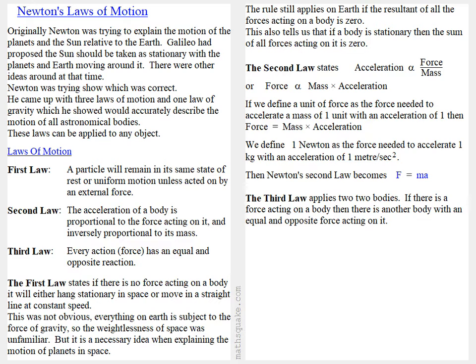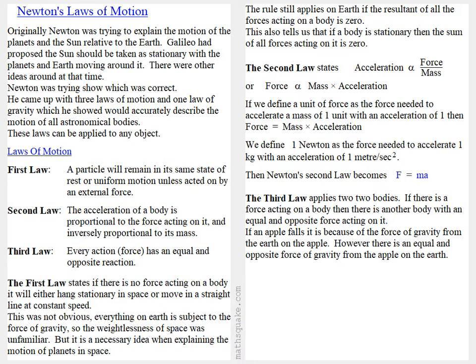The third law applies to 2 bodies. If there is a force acting on a body, then there's another body with an equal and opposite force acting on it. If an apple falls, it is because of the force of gravity from the Earth on the apple. However, there is an equal and opposite force of gravity from the apple on the Earth.